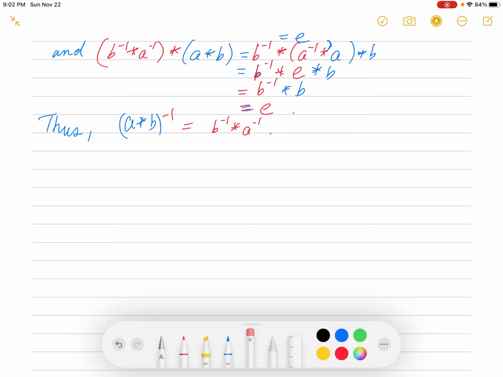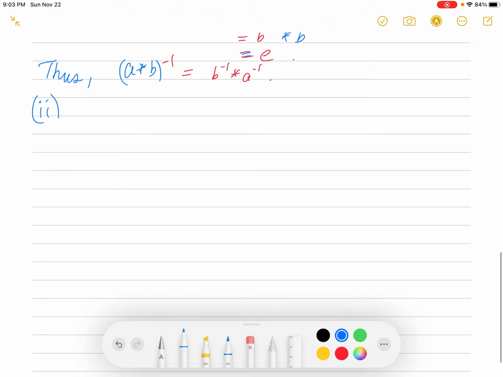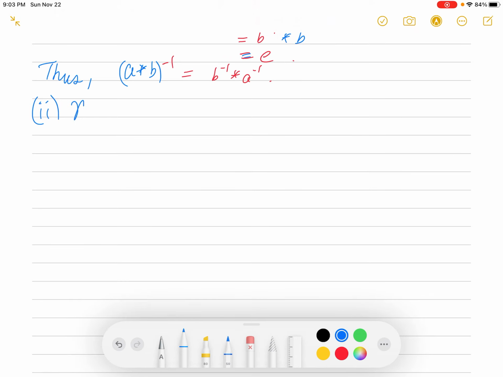Number 2. Number 2 is to show that, what? A inverse's inverse is A. So if I take A inverse, I want to find something I can star it by to get the identity. It turns out if I star A inverse by A, I get the identity. And also, if I take A inverse and I want to get the identity, what can I star it on the left by?